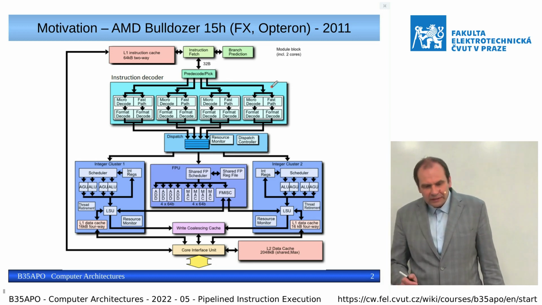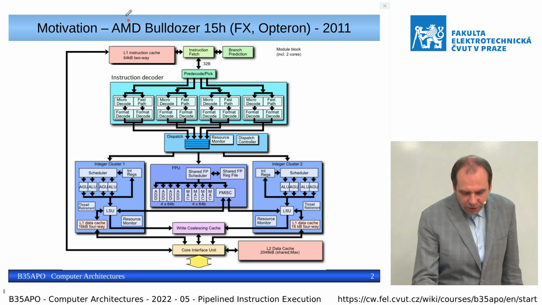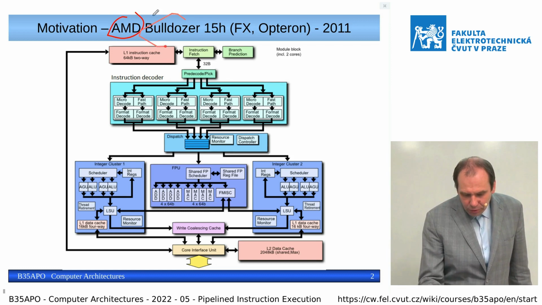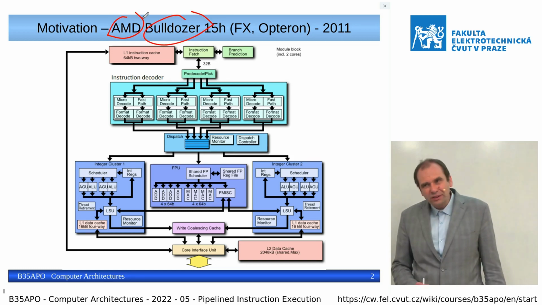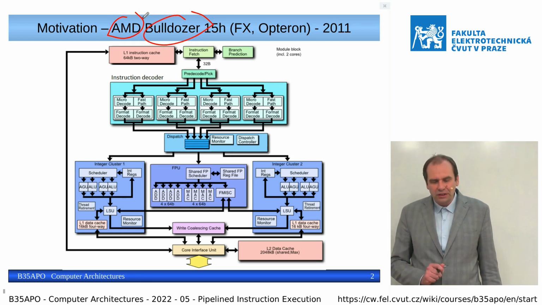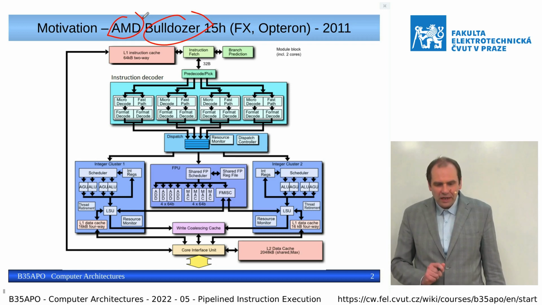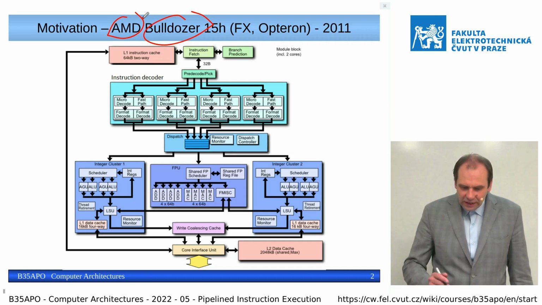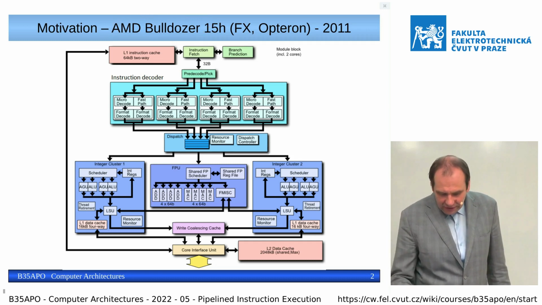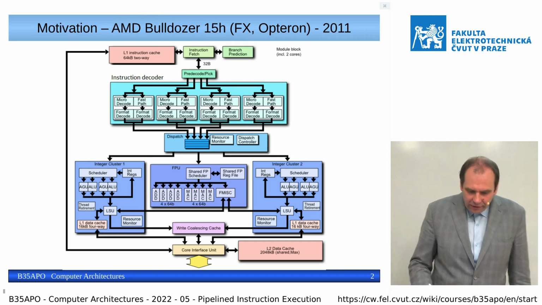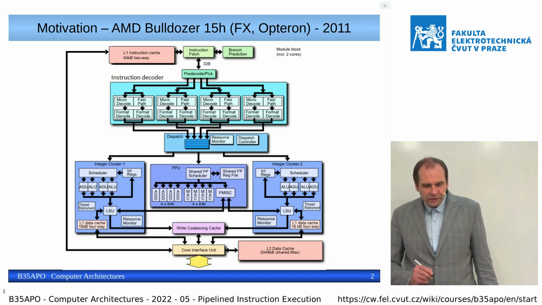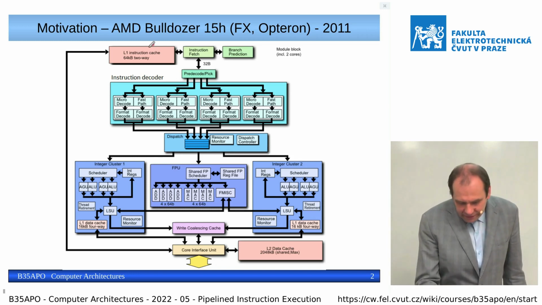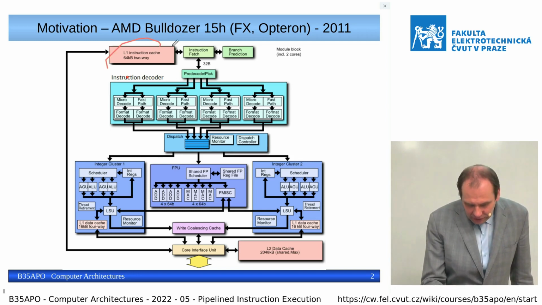There is one interesting architecture from AMD. It is the AMD Bulldozer. It was not a very useful architecture in terms of speed; today's Ryzens are much more powerful. But what is interesting to see on this architecture is that we can identify different parts of the CPU, and it has an L1 cache for the instructions.